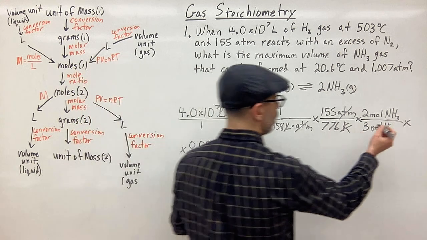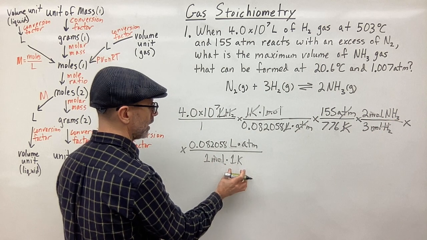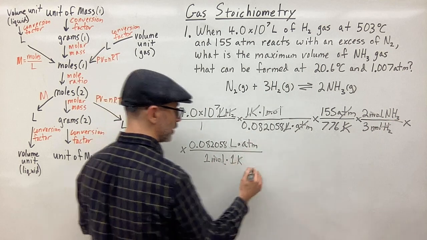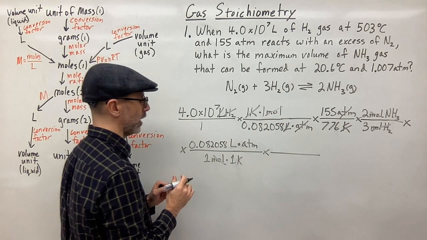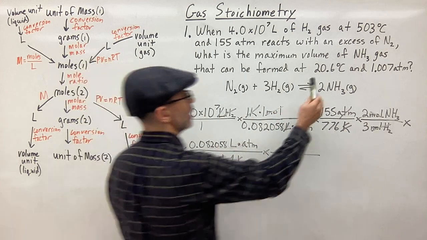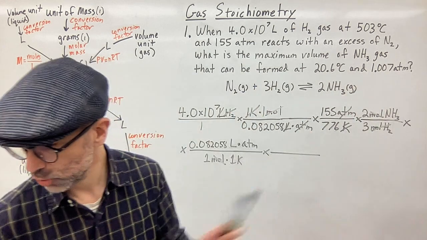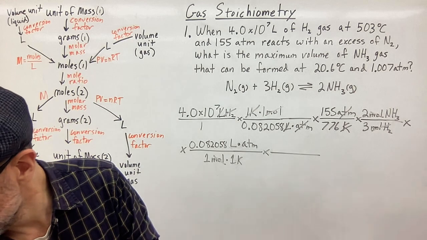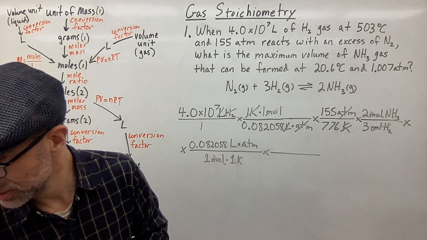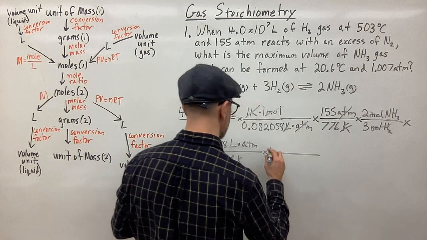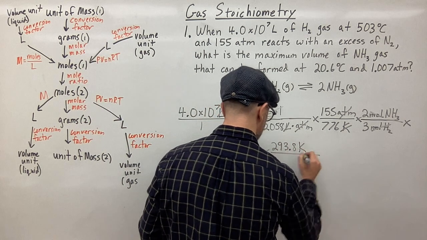So now the moles cancel out, and we need to cancel out Kelvin and atmospheres to get the volume left. This time we're going to use the atmosphere and temperature. I calculated the temperature already before, so that's going to be 293.8 Kelvin on top.